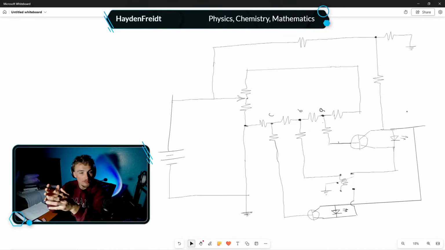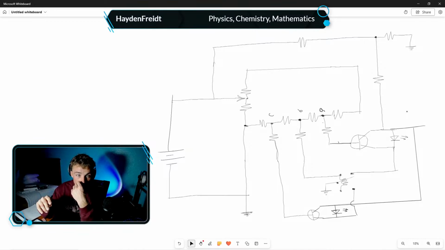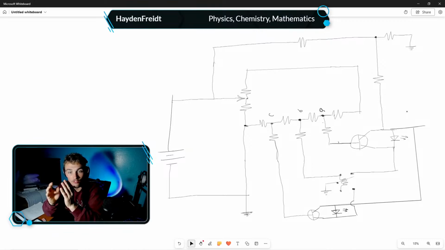Because we need to know that to do our analysis. We have to have some knowns. If we know absolutely nothing, then we're just fucked. So we have to have some knowns, whether it's resistance values, voltage values, or current values. We have to know something in order to find our unknowns, and right now we have a lot of unknown resistor values.